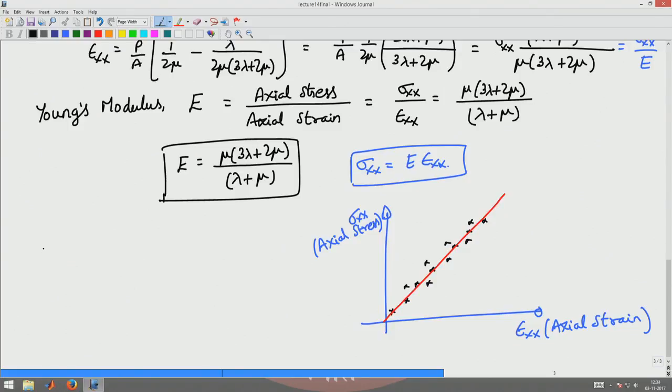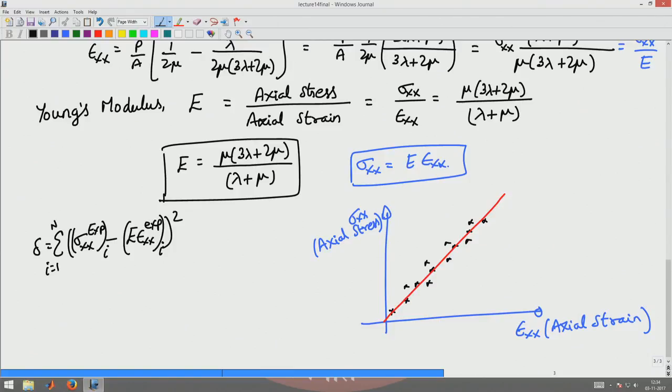that is, you define an error quantity called delta, which is sigma xx experimental minus E times epsilon xx experimental. This E times epsilon xx experimental will give you the theoretical estimate of the stress. This I want to square and sum for each ith value of the stress and ith value of the strain that I am estimating, for each of the n experimental data points that I have. Okay. So, i equal to 1 to n, I define this as the error measure.